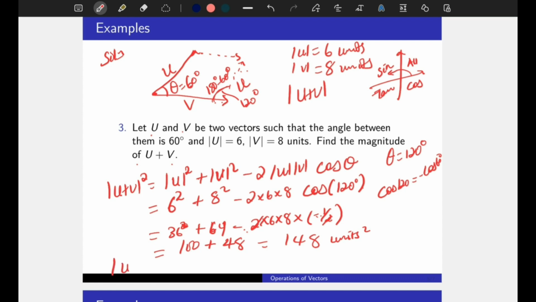So the magnitude of u plus v is given by the square root of 148 units. So this is the magnitude of u plus v.